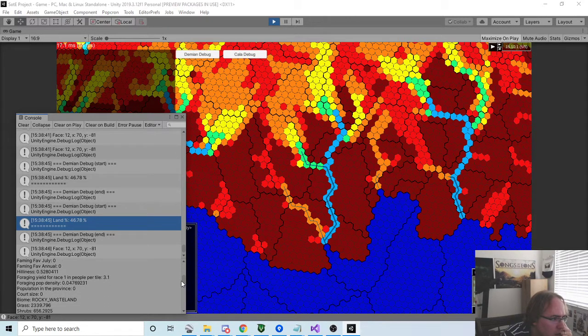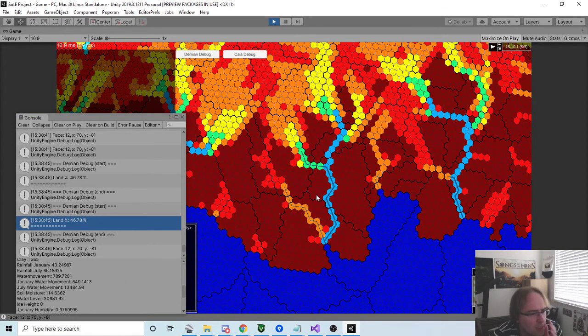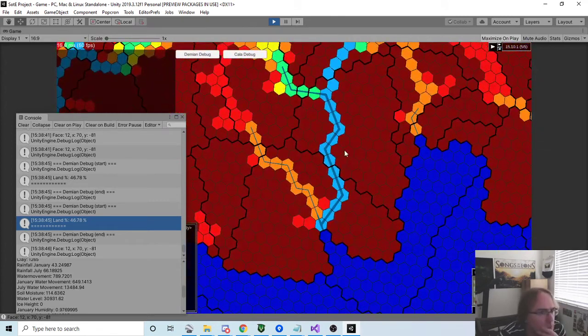Hilliness, grass, permeability, sand, rainfall looks normal. That's weird. No, water movement's not 798. Why is it measuring 798?